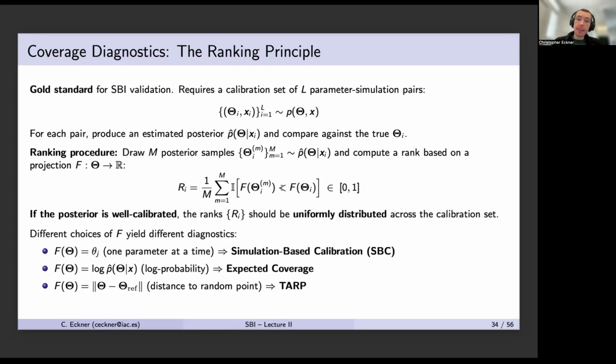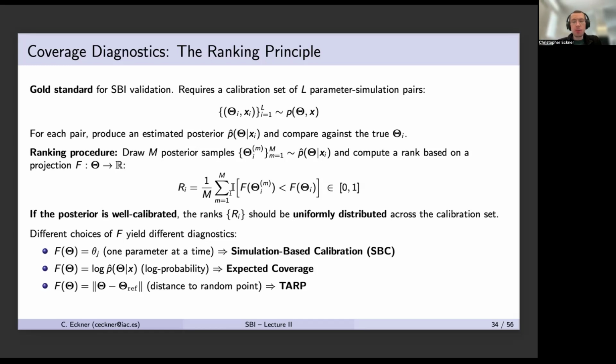So for all of these examples, you have so many posterior samples from your derived posterior for your target observations. You can count: if I employ my projection of this parameter sample to the real numbers, how do they compare to my true values?